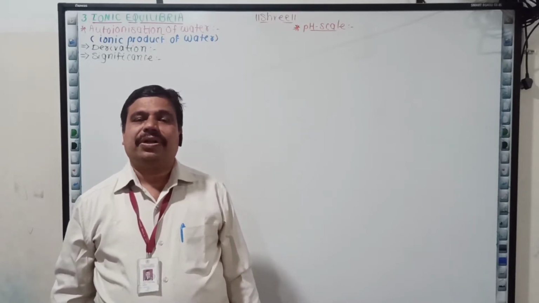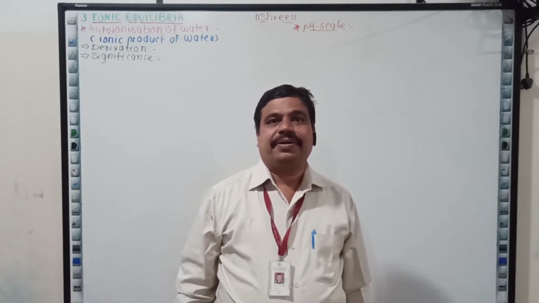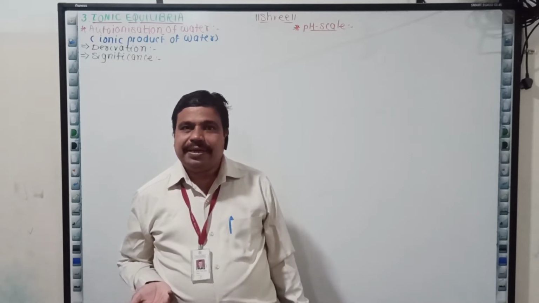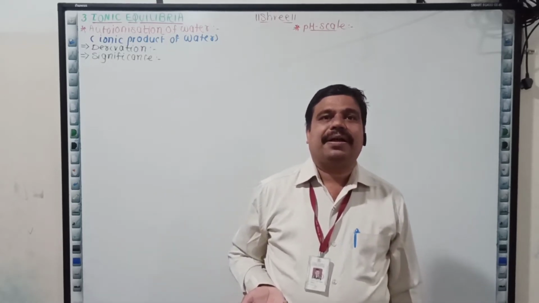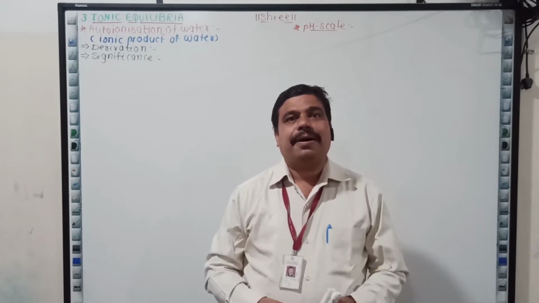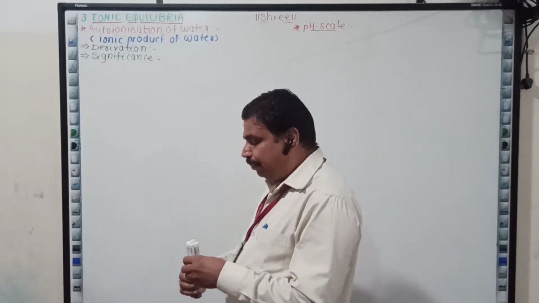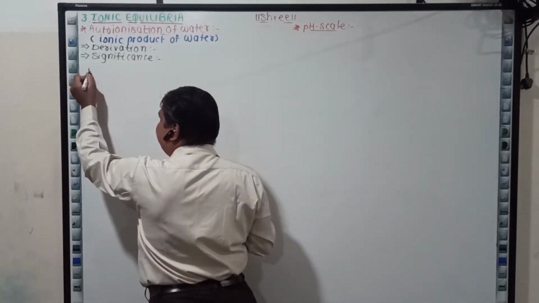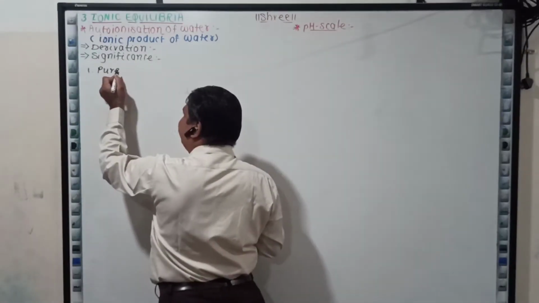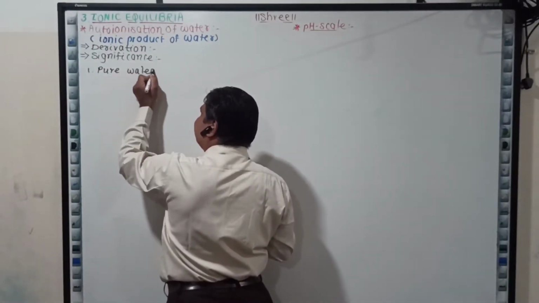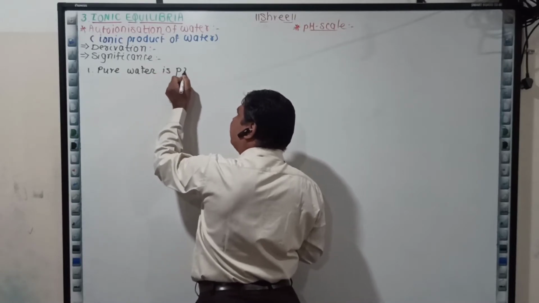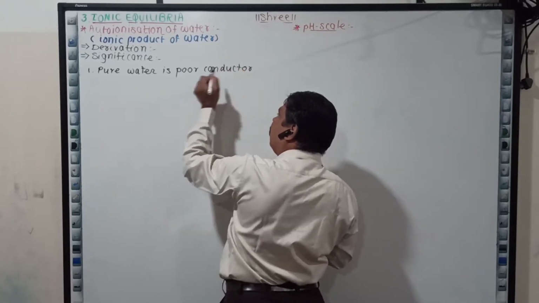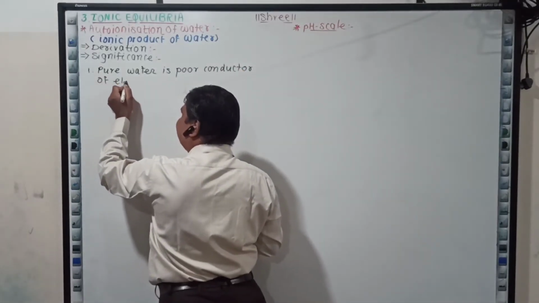Vidyarthi Mitranno, now we are familiar that strong electrolyte almost ionize completely, while weak electrolyte ionize or dissociates partially. Now, autoionization of water. First point, pure water is poor conductor of electricity.